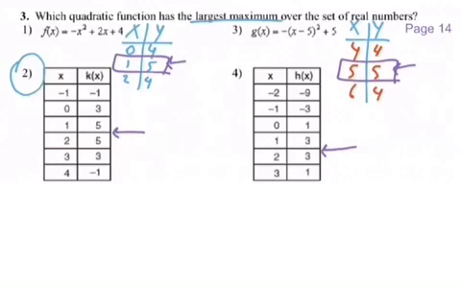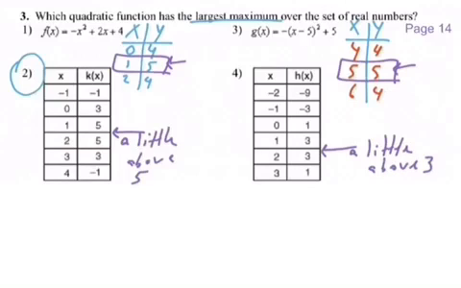If you're looking at choice 2, your vertex will have to be in between 5 and 5, meaning it's going to be a little above the 5. And for choice 4, it would be a little above the 3.